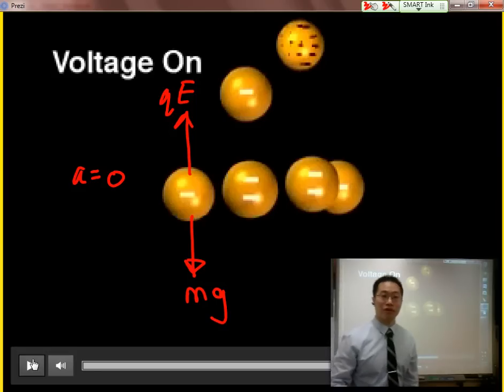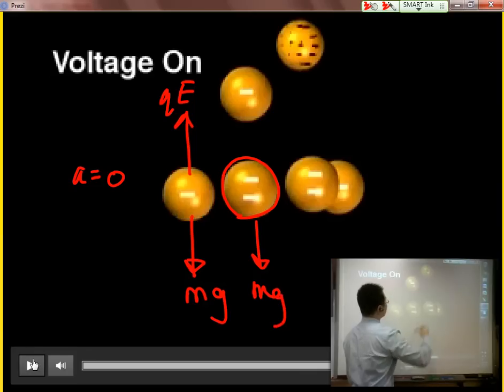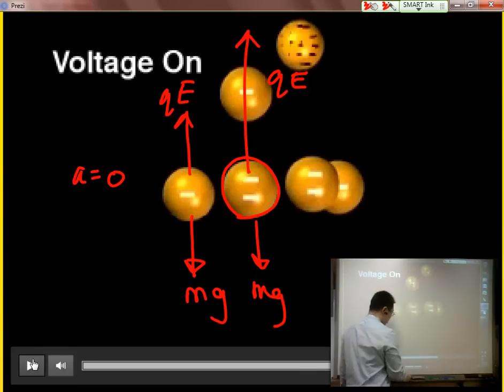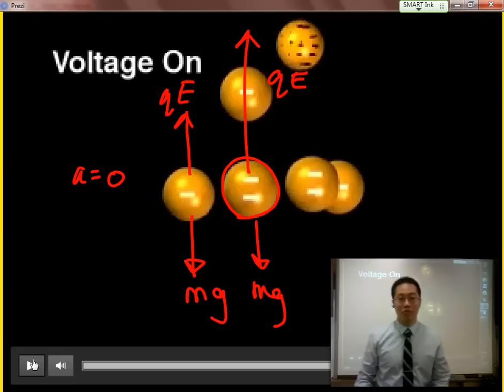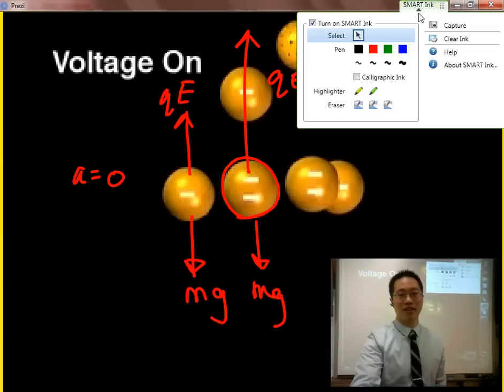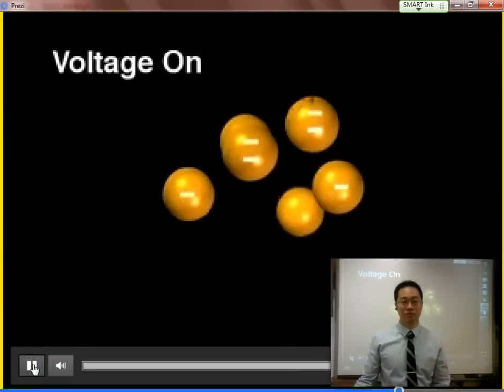So of course, if there are two charges on an oil droplet, as in this example over here, that means that doubles the strength of QE. So while certain oil droplets are able to stay perfectly still, hanging suspended in midair, other oil droplets will start to move upwards, depending on the number of charges on them.